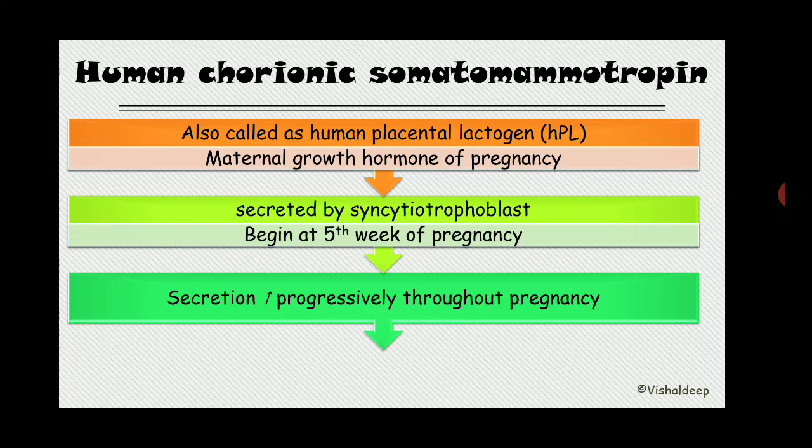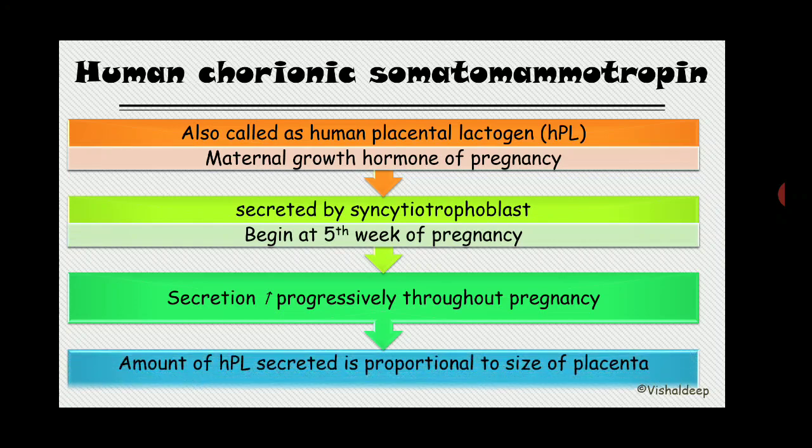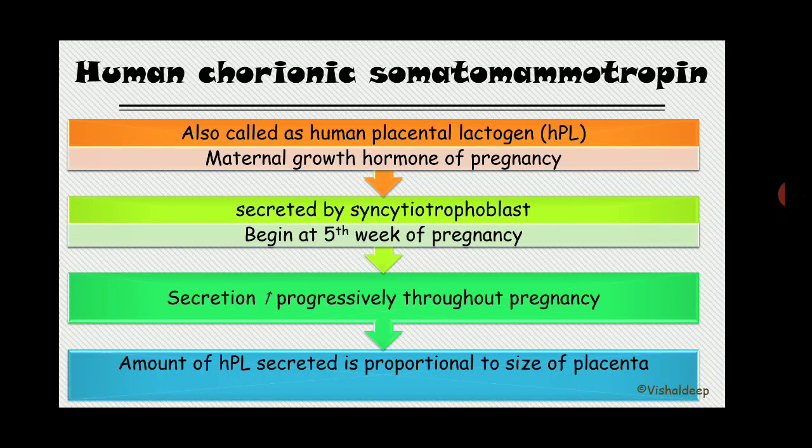Now here's a very beautiful correlation: the amount of HPL secreted is proportional to the size of the placenta. As the size of the placenta increases, HPL secretion is also increased proportionally. So if you want to know the exact size of a placenta, the exact development of the placenta, you just need to measure the HPL of the maternal circulation.